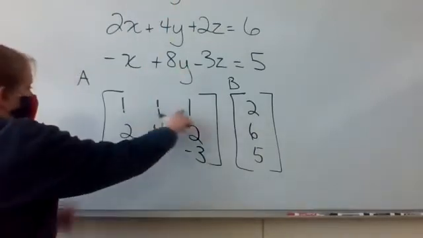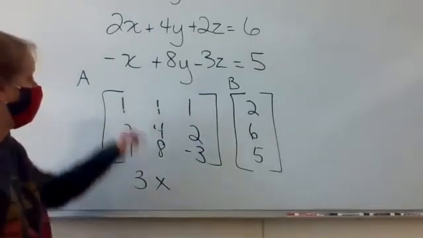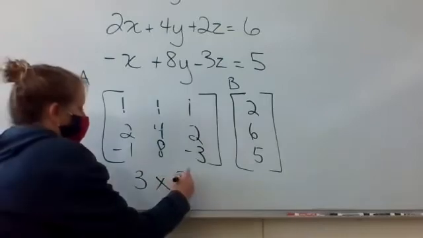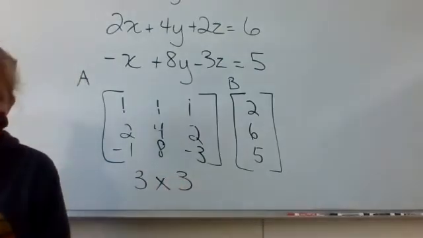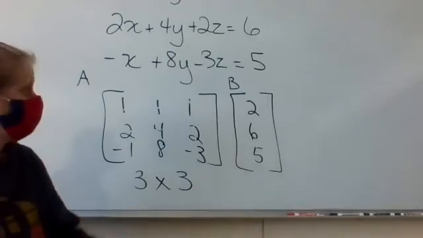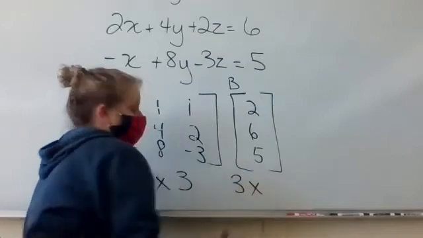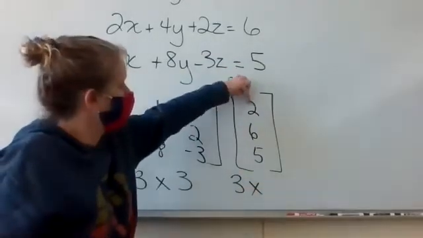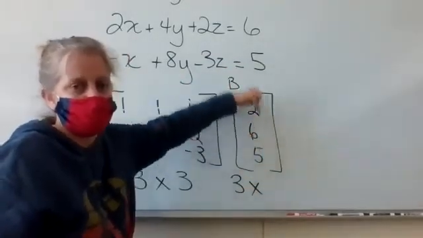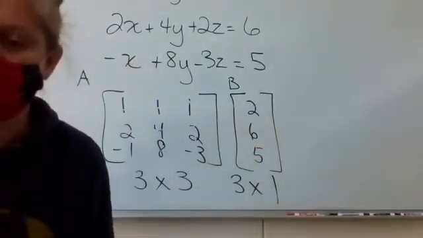So this one now will be 3 rows by 3 columns. Matrix B will have 3 rows by, there's still just 1 column here. There's only one thing going up and down. So that's what your new matrices are going to be.